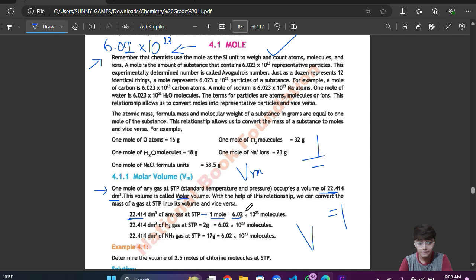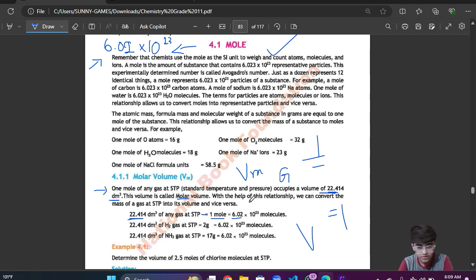But remember, this is applicable only in a gaseous state. It is not appropriate for any solid or liquid or any state other than gaseous, because we are dealing with standard temperature and pressure, in a gaseous way basically.